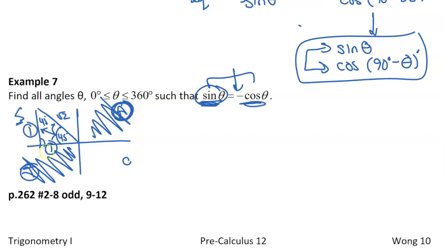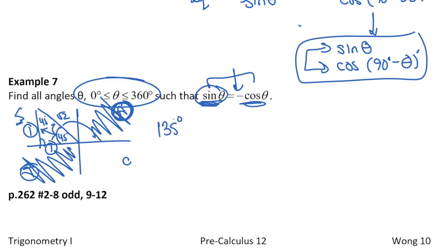The opposite is the same as the adjacent, and so when they're the same, you're going to get something in which they will overlap with each other. Okay, so based off of that, if they're saying find all the answers from 0 to 360, that means we'll have traveled over 90 degrees plus 45. We'll have traveled 135 degrees for that to be true.